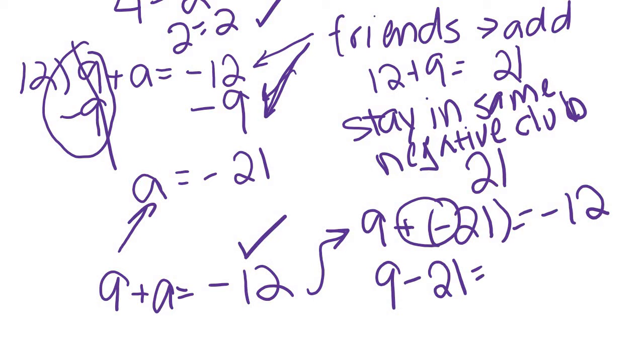All right, so I have 9 minus 21. That's a positive 9 and a negative 21. They are going to fight. So they are going to subtract. 21 minus 9 is going to be 12. 21 is winning that fight, so we're keeping his negative. So this is going to be negative 12. And negative 12 does in fact equal negative 12, so success.